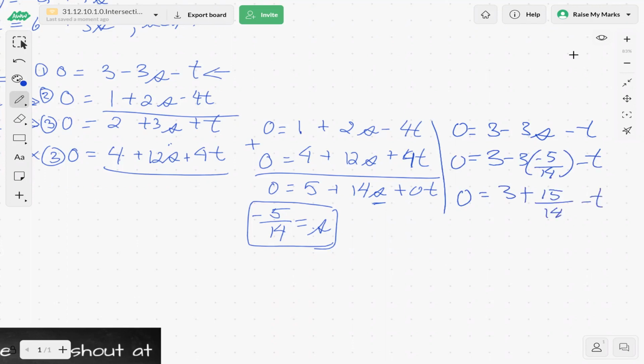Let's bring the t over to the other side. So t equals 3 plus 15 over 14. Let's put everything over a common denominator to make it a little neater. So we get 42 plus 15 over 14, and we have t equals 57 over 14.